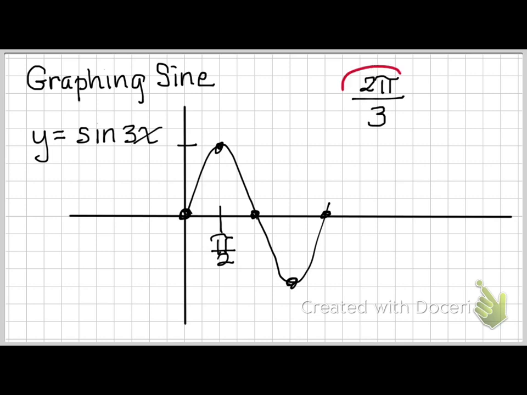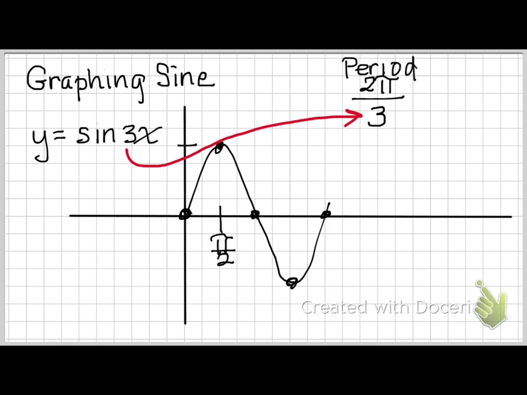So the 2 pi here is always determining our cycle, and then the 3 is going to give us the variation. So the 2 pi is actually the base period. That's the word that we would use. It's the period of the function.